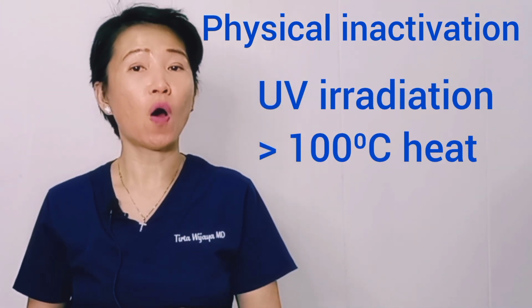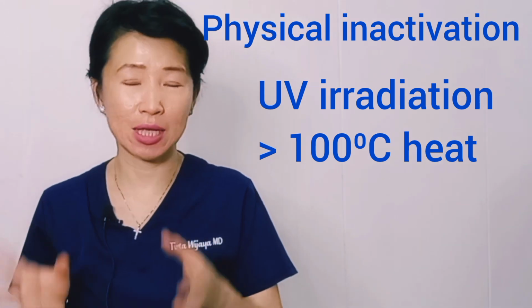We can also inactivate HPV physically. Physical inactivation of HPV varies with different strains, but most can be inactivated by ultraviolet irradiation or heating to 100 degrees Celsius. Screening and prevention varies too.